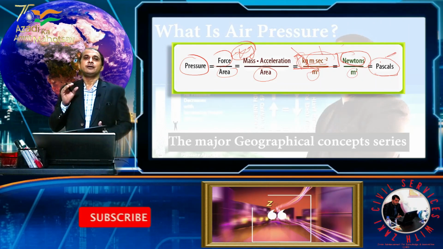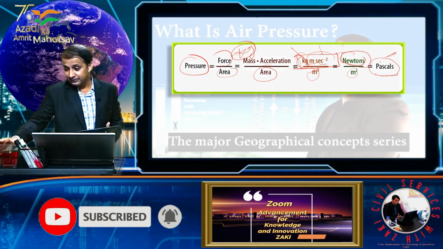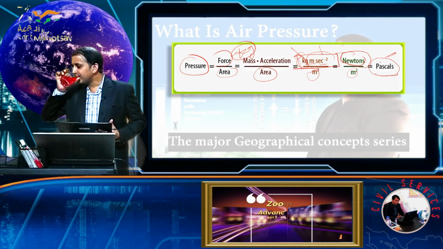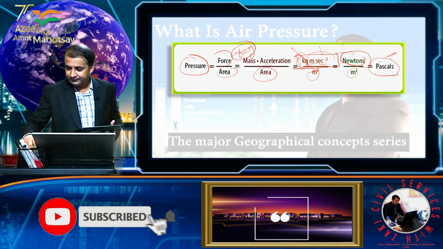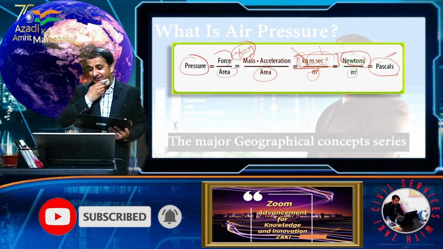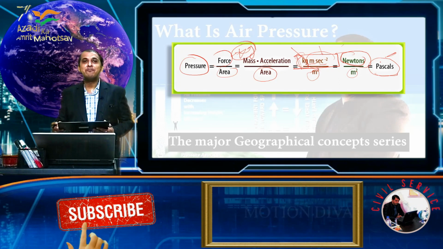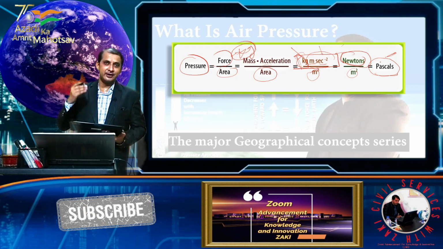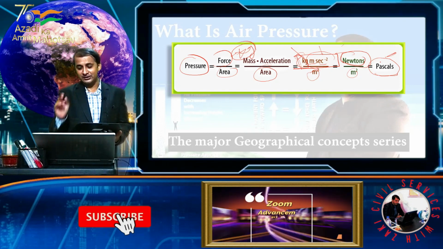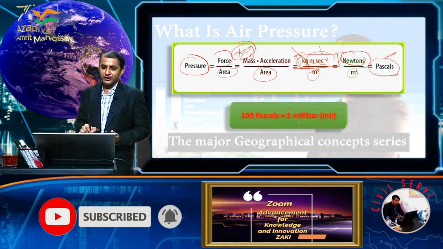But the pascal unit is not commonly used by scientists and climatologists, because it is a very small unit. If we see here, 100 pascal is equal to 1 millibar.